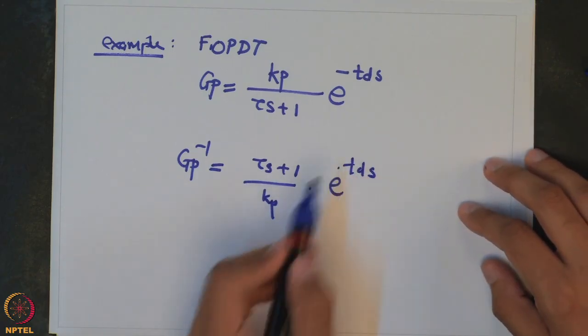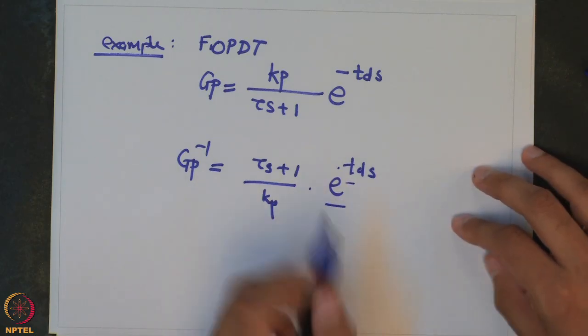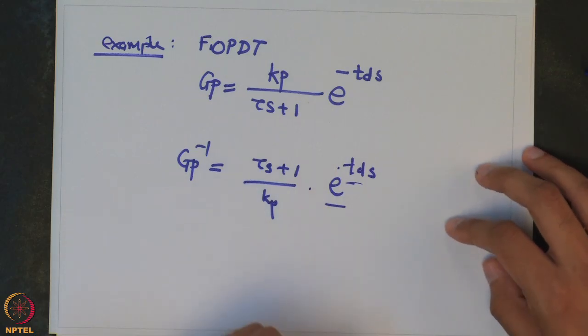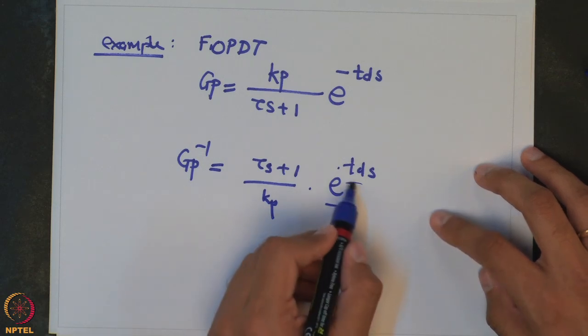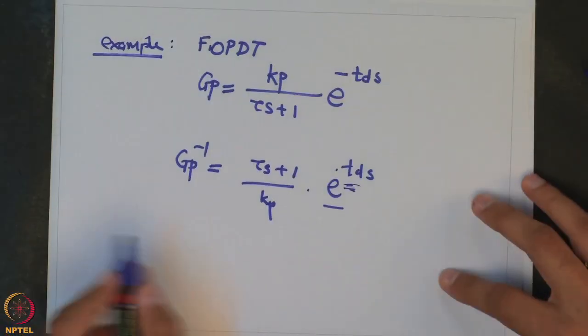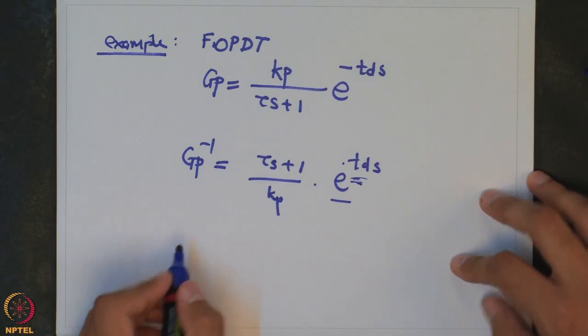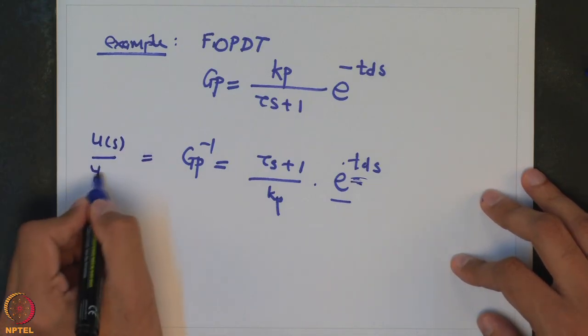So, you can see that now you have a positive delay or positive dead time. What does that mean? That means I want to take an action Td time before the current value. So, if you want to really work in terms of the time domain, this is U(s) over Y(s).